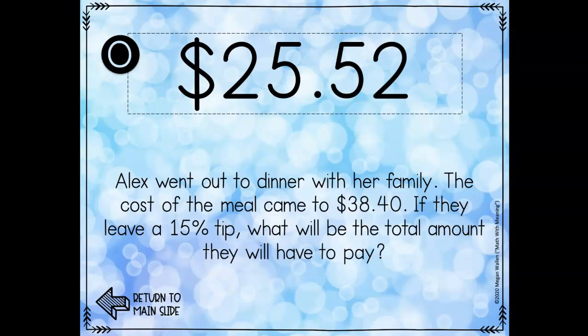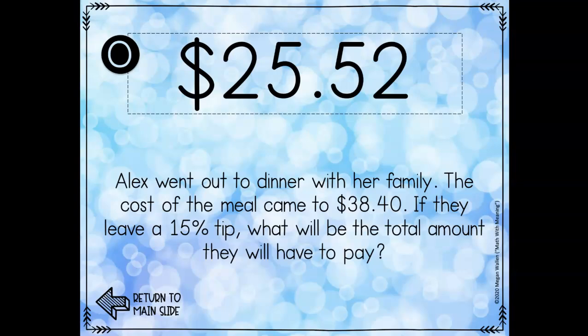We need to find 15% of $38.40. So you take that 15, you divide it by 100 if you weren't sure. You're going to get 0.15. And that amount that you got, you're going to add to the $38.40. I'm going to flip back for a moment.